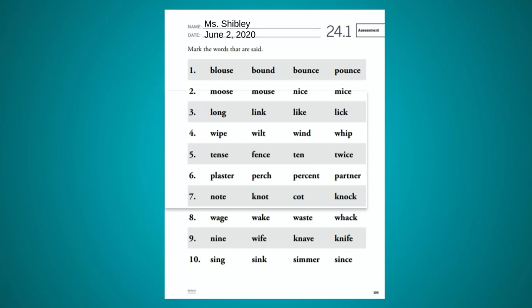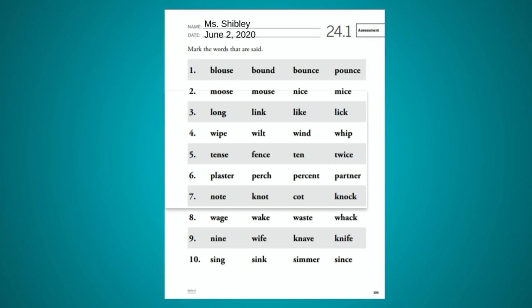Number 4, whip. Which one of these words shows whip? Number 5, tense.